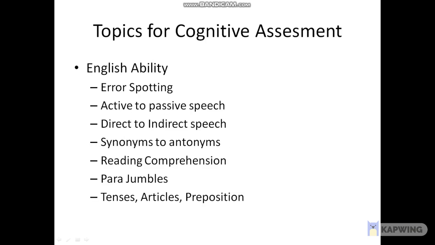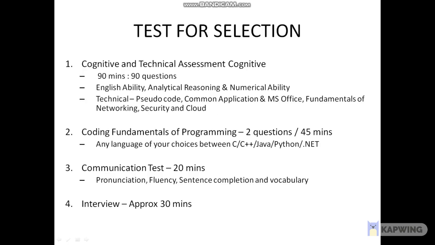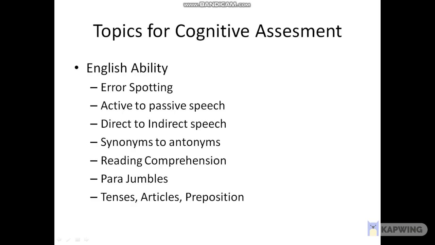The first one is the topics for the cognitive assessment, which includes English ability, analytical reasoning and numerical ability. In English ability, they will ask about error spotting, active to passive voice, direct to indirect speech, synonyms and antonyms.